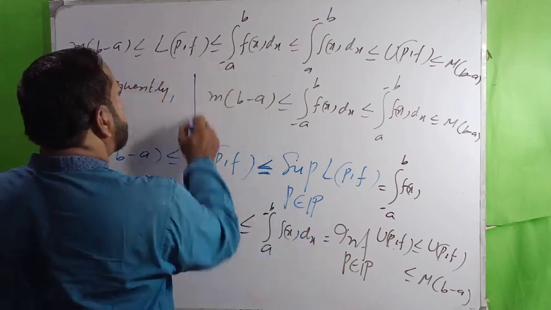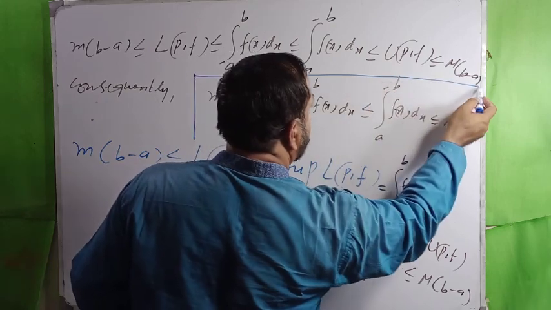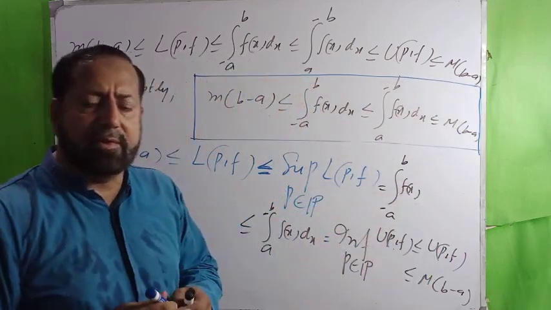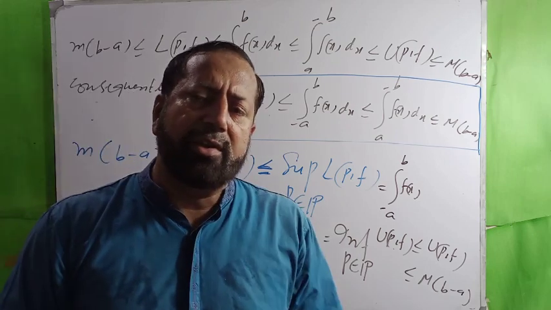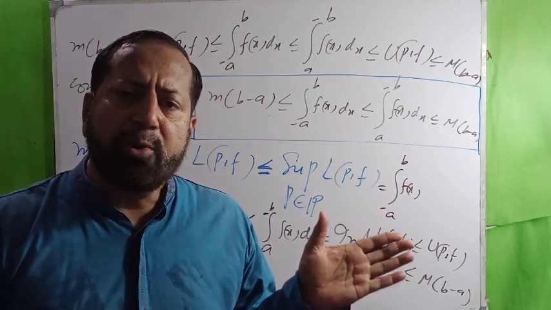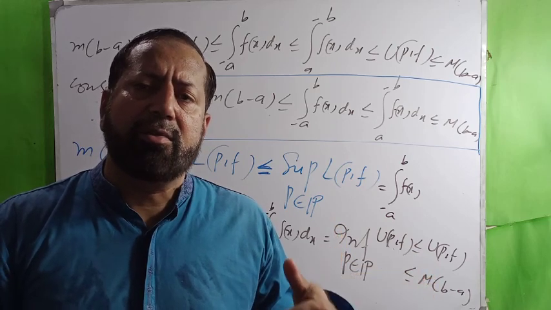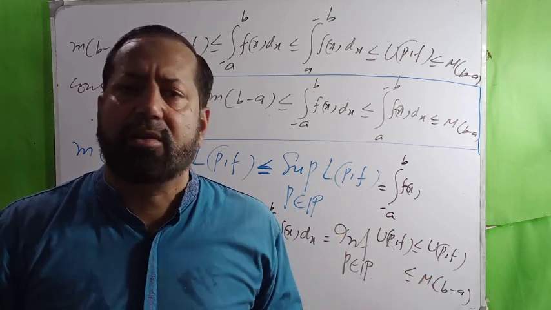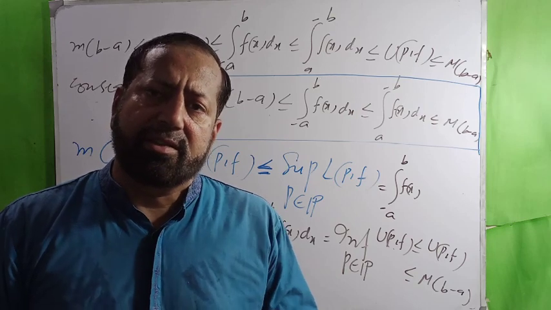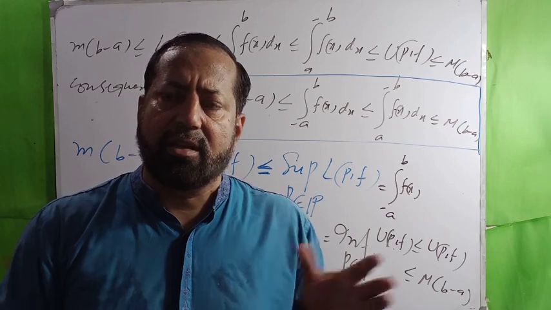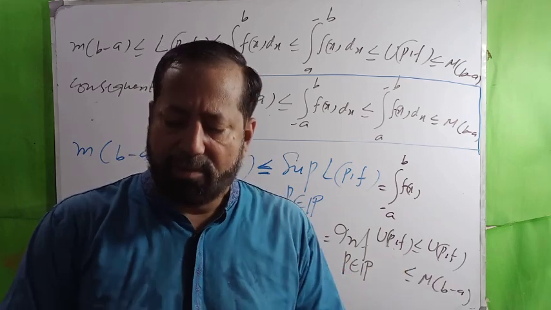So this bracket is showing our desired intention, existence of upper and lower integrals. This means that both lower and upper integrals corresponding to a bounded function f on a closed interval [a,b] always exist and are in fact bounded as well, because they are lying between the bounds.